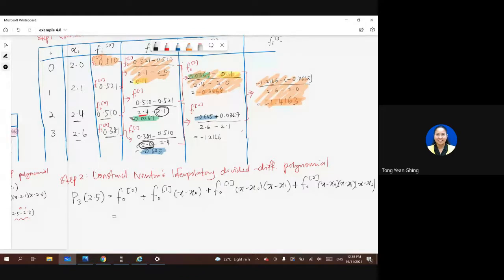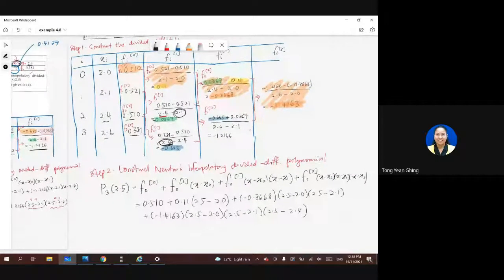So here we substitute 0.510 plus 0.11 times (2.5 minus x0, which is 2.0), plus negative 0.3668 times (2.5 minus 2.0)(2.5 minus x1, which is 2.1), plus negative 1.4163 times (2.5 minus 2.0)(2.5 minus 2.1)(2.5 minus 2.4).